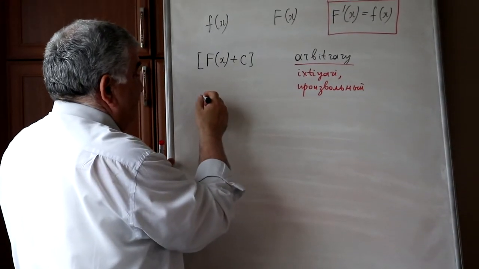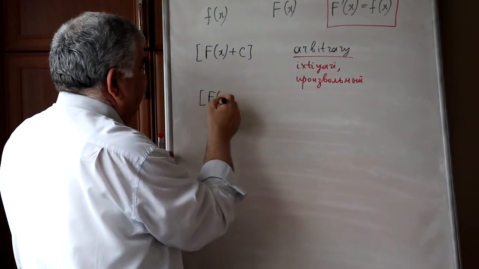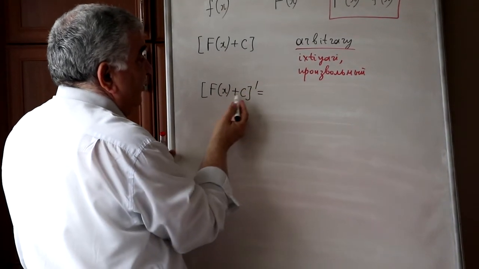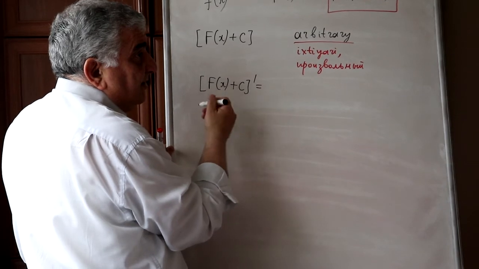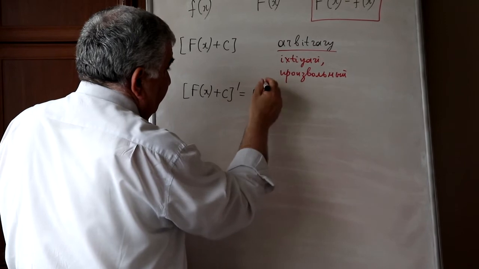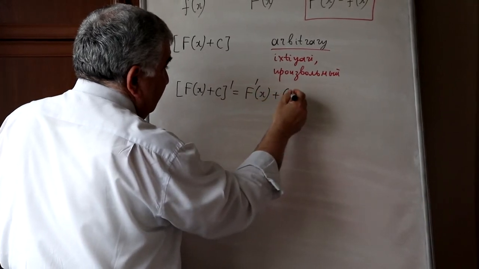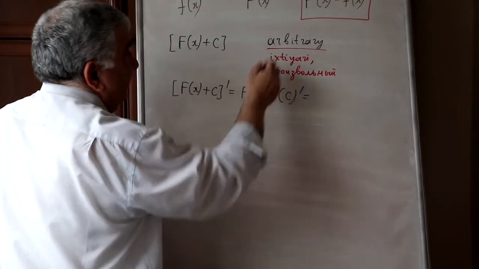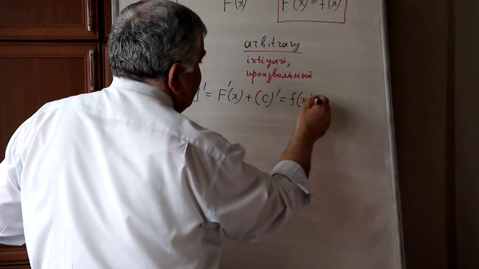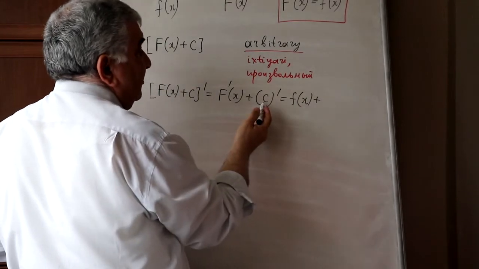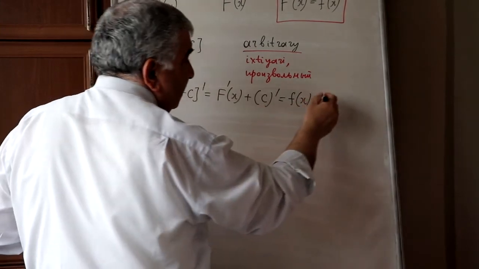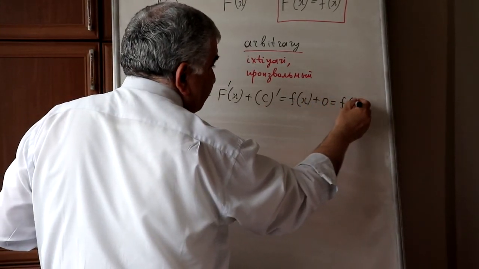That is, f of x plus c prime is equal, you know that the derivative of a sum is the sum of derivatives, f of x prime plus c prime. f capital prime of x is f little of x, plus the arbitrary constant, its derivative is 0, plus 0 is equal to f of x.